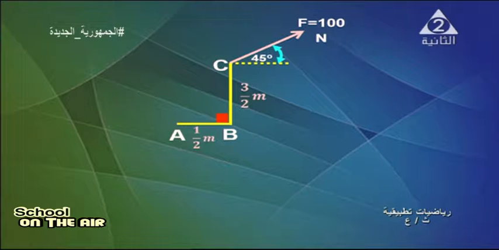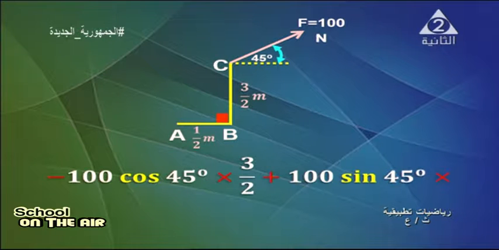Look at, my dear student, at the first force: negative 100 cosine 45, clockwise with a negative sign, multiplied by the distance 3 over 2. But 100 sine 45 is positive, multiplied by 1 over 2. The answer is negative 50 root 2.